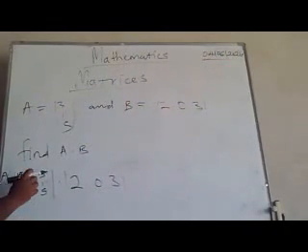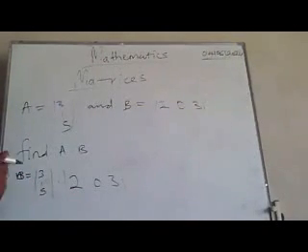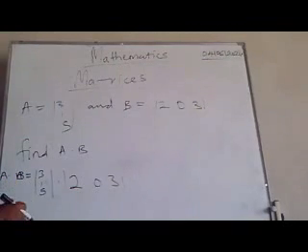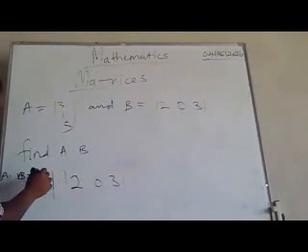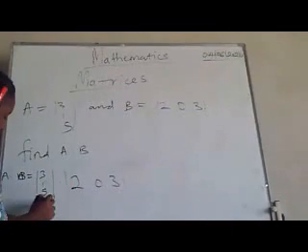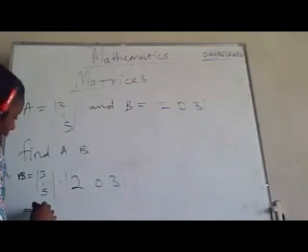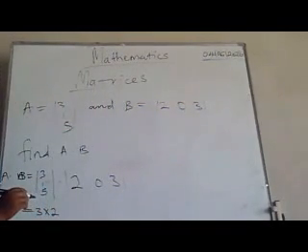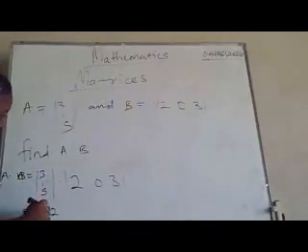Remember, you can multiply matrices that don't have similar rows and columns. So we simply say the first number on the row times the first number on the column. That will give us 3 times 2.